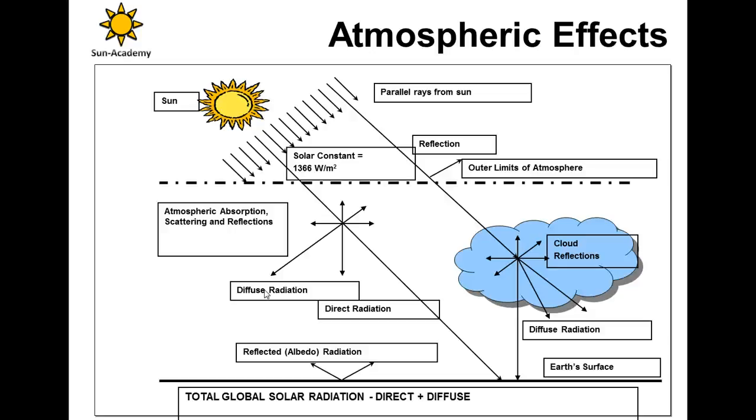Total global solar radiation is comprised of the direct, diffuse, and reflected radiation. The value at the edge of the atmosphere is 1366 watts per meter squared, and the value at Earth is 1000 watts per meter squared.